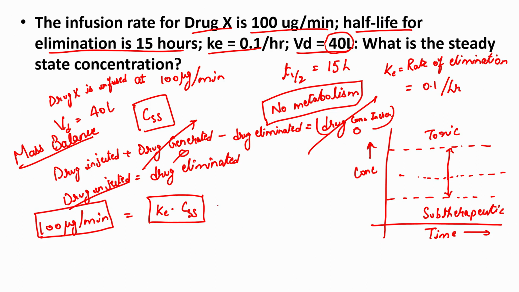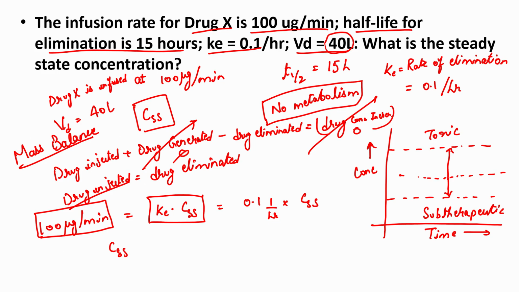So if that is the case, then it becomes simple. All I have to do is say that the Ke we know is 0.1 per hour multiplied by the CSS, and that should give me the steady state concentration.